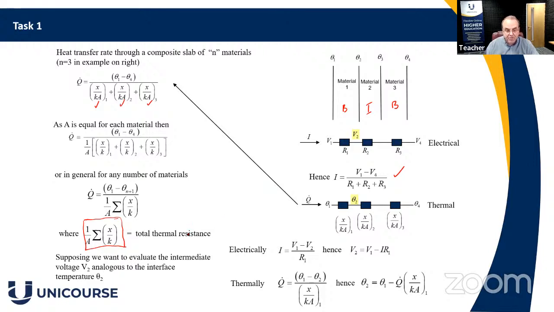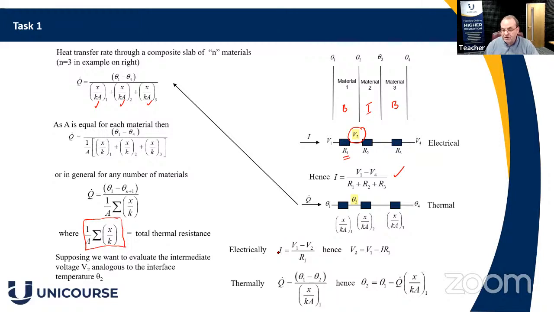Right. One thing we can do, which is very useful to us, particularly if we're looking at the interface temperatures, again, treating it as an electrical system. So if we wanted to find our value of V2 on this electrical system, well, we know resistance 1, and we've already established the current.